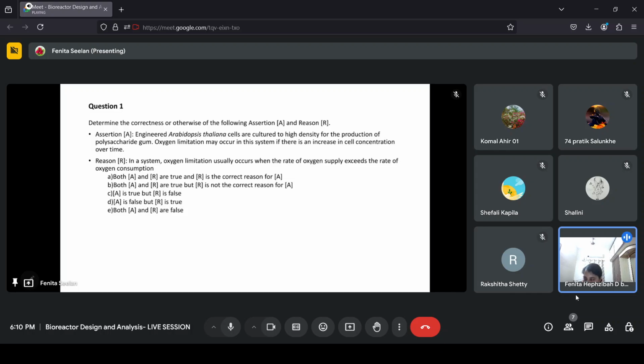So the answer for this question is A is true, but R is false. Okay, now you tell me how A is true, but R is false. Any idea? Even if it is wrong, it's fine. We are not going to give marks. Anybody willing to answer? Okay, I'll discuss this then.